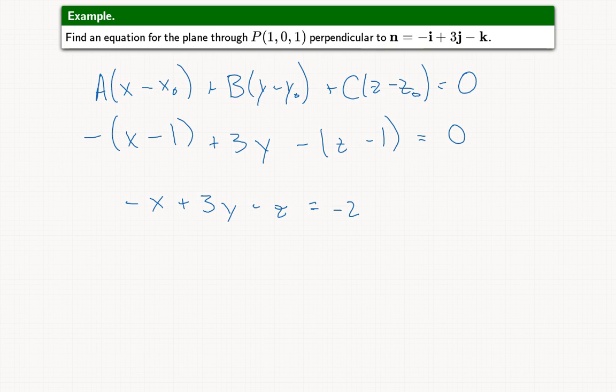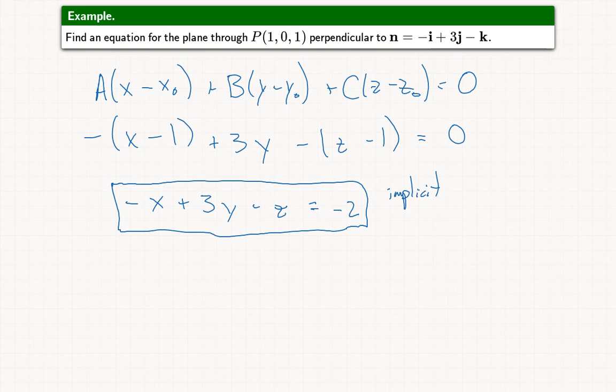Although it won't be part of this course, I'll also show you how to get a parametric description, whereas this is an implicit form, an equation defining the plane.